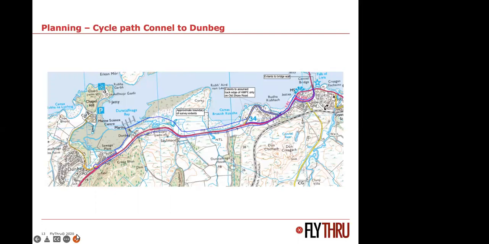There is a little video that will go after this, but this is a proposed cycleway from Connell to Dunbeg. Those who don't know the area, Oban is around the corner in sunny Scotland, and this is an area that was vastly overgrown with trees. There are parts of it that are tidal, parts of it over houses, and we were asked to do a photogrammetry and LiDAR mission over this area.